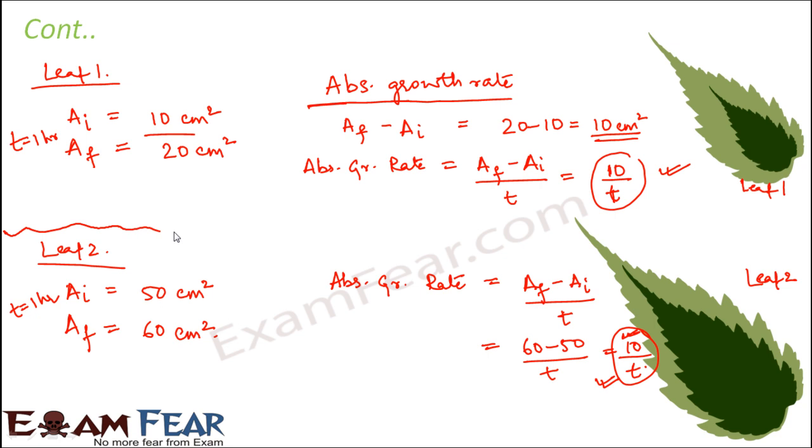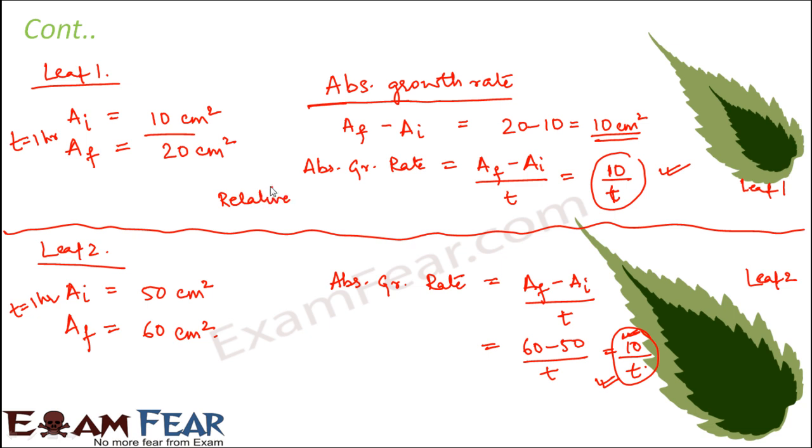But when you calculate the relative growth rate, you notice a difference. So let us calculate relative growth rate. So what is relative growth rate? Relative growth rate will be equal to the increase, which is AF minus AI, compared to the initial area.